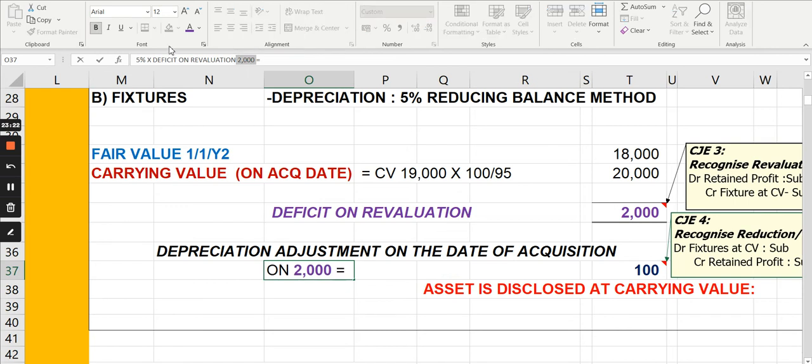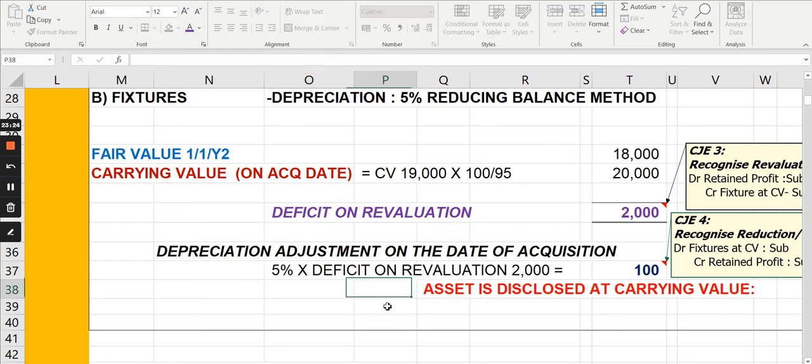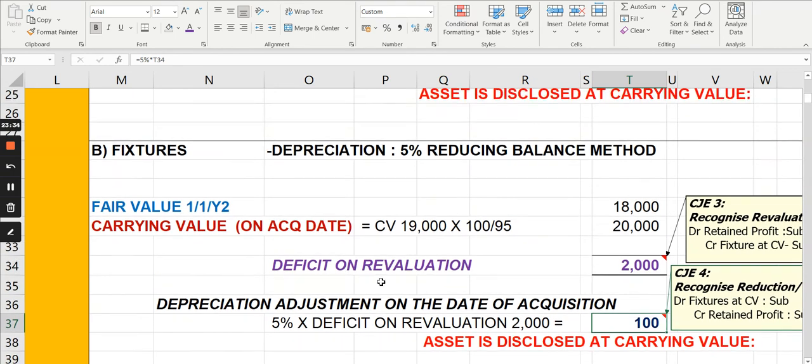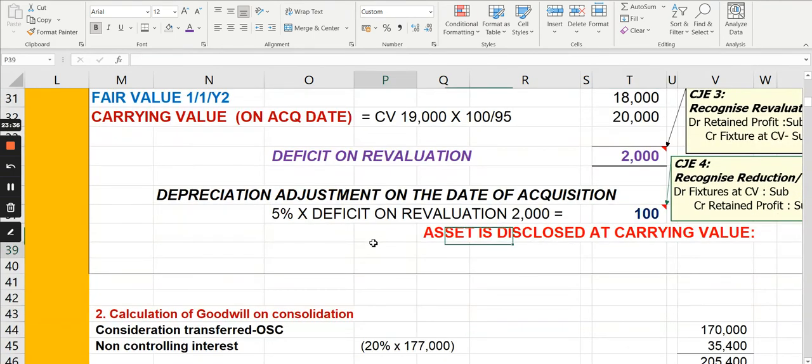Deficit 2,000, multiply with 5%, and you get 100. This is only adjustment for 1 year. Should you be adjusting for 2 years, you will need to repeat this twice, right?